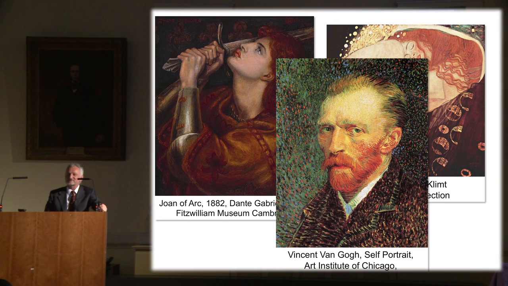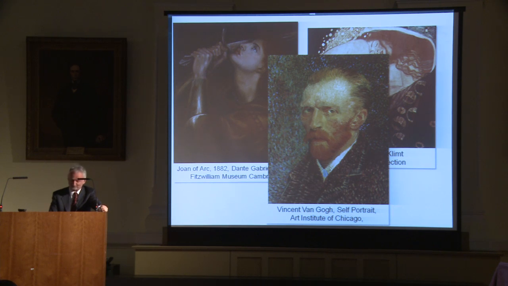But if you look in art, there's many paintings who depict red-haired individuals, red-haired women, and usually they're revolutionary, like Jeanne d'Arc here from Dante Gabriel Rossetti, or Danae from Gustav Klimt from a private collection in Graz, and of course the picture you saw before, Vincent van Gogh, who had the self-portrait, and he's also an MC1R mutant, one could say.